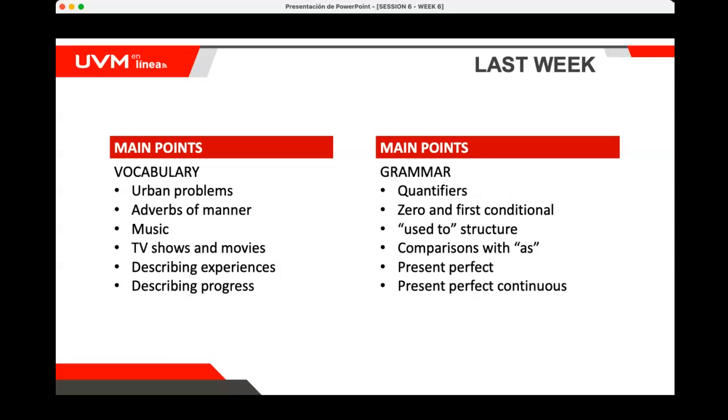First of all, the simple tenses, which are simple past, simple present, simple future, past perfect, present perfect, and future perfect. Then the continuous tenses: present continuous, past continuous, future continuous, past perfect continuous, present perfect continuous, and future perfect continuous.